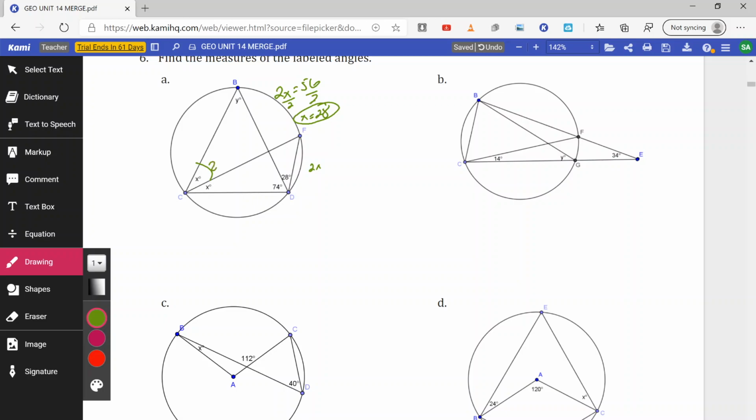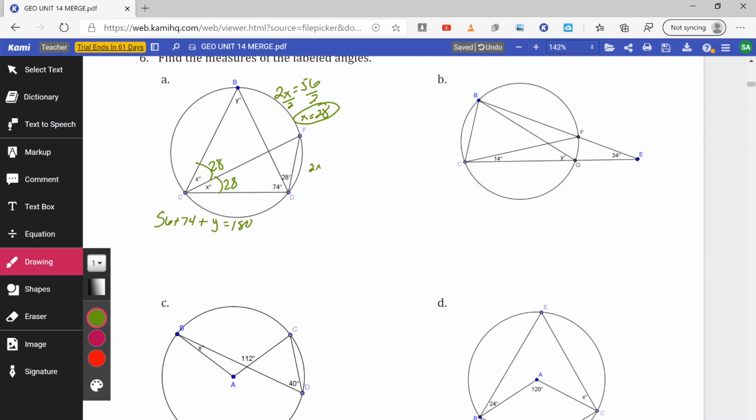So we could say that's 28, and we could say that's 28. And then we have this nice triangle here, triangle BCD. We know 3 out of the 4 missing pieces. So 28 and 28 makes 56, plus 74, plus my angle measure of y, because it's a triangle, is going to give me 180 degrees.